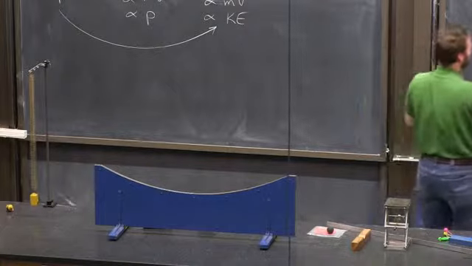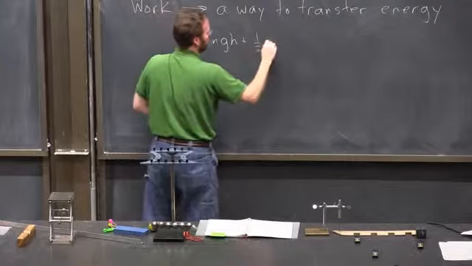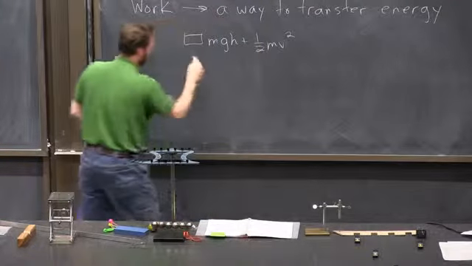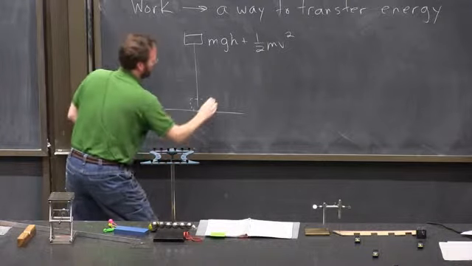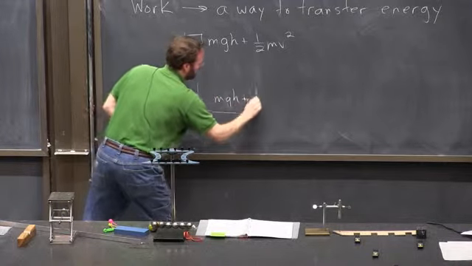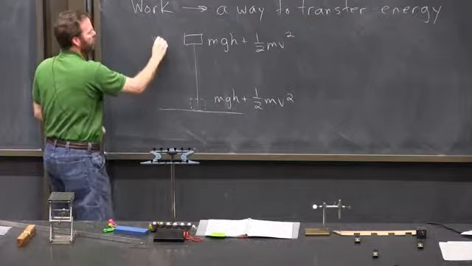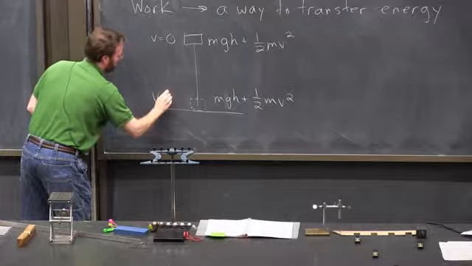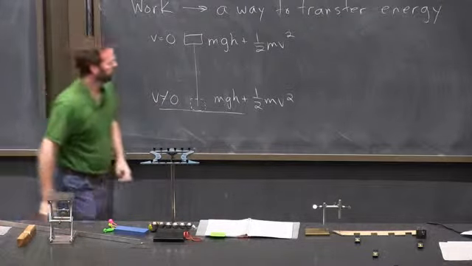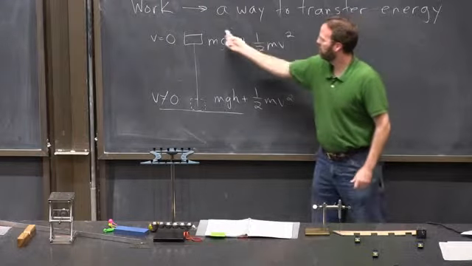You following me? If you start here, mgh plus 1/2 mv squared. It comes down, and right before it hits, it's still mgh plus 1/2 mv squared. If you start not moving, and you end up moving, the total energy before is all this.